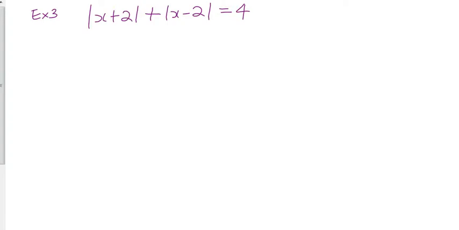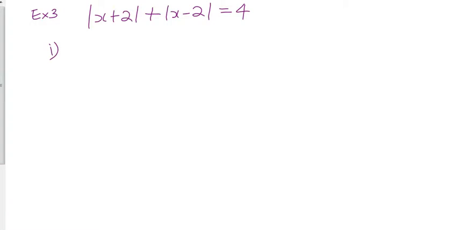If that said equals negative 4, then you could just call a halt at that moment, right? And say 2 positive values added together will not give a new negative value. There is no solution to this, without going into great detail. Why? Because each of these is an absolute value and they're being added together, therefore the result must be positive. This is negative. There's no values of x that will do this.